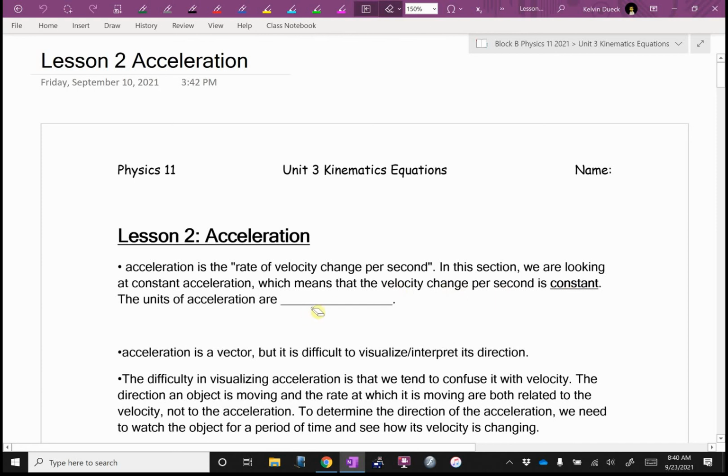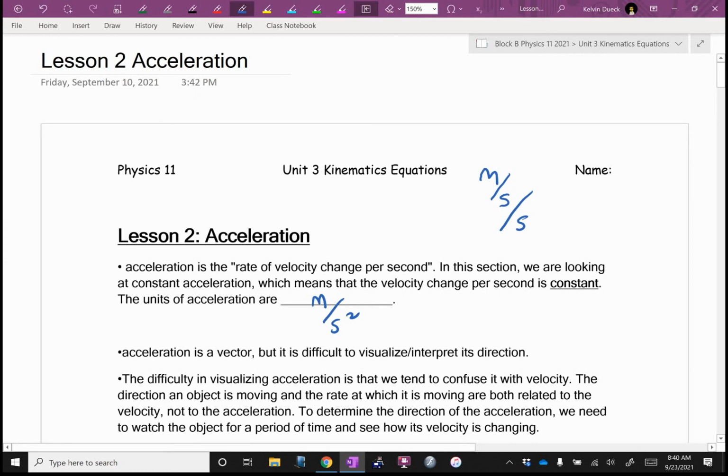The units of acceleration are the change in velocity per second. It's technically meters per second per second, but we don't write it that way since there's two seconds in the bottom of the fraction. Meters per second squared.